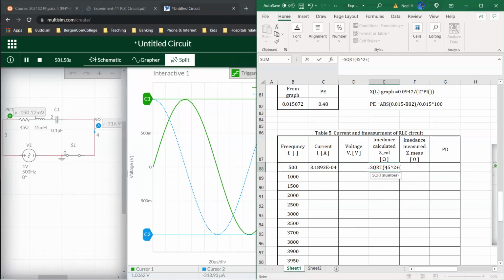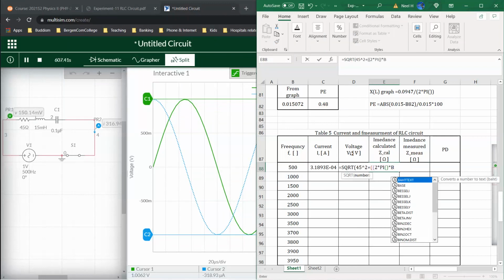Plus open brackets, another open brackets, 2 times pi times the frequency times L, that is the reactance of the inductor, with the frequency being cell number B88, multiplied by the inductor we are using, 0.015, right?